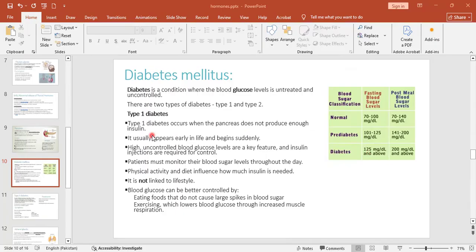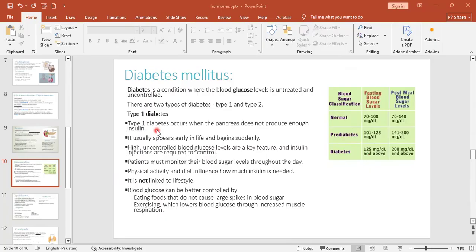I have to take external insulin in the form of injections, because whatever I do, my body is not able to produce insulin, and I am very much dependent on the external insulin. It's not linked with the lifestyle.